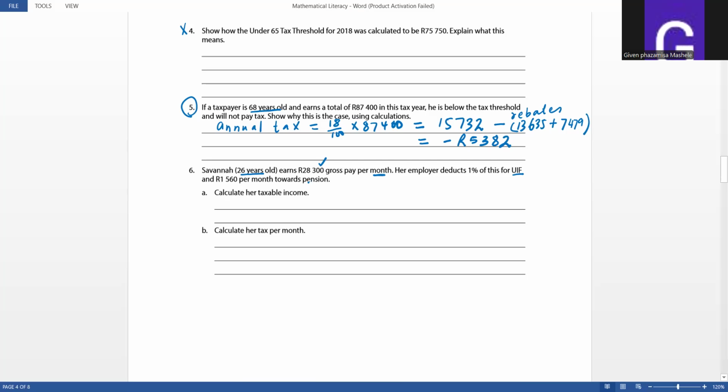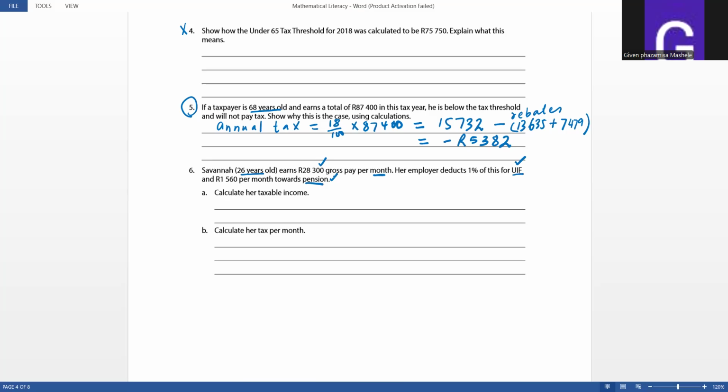They said pension and UIF are non-taxable items, so we need to deduct them from the gross salary.